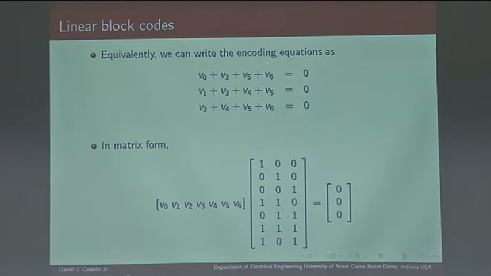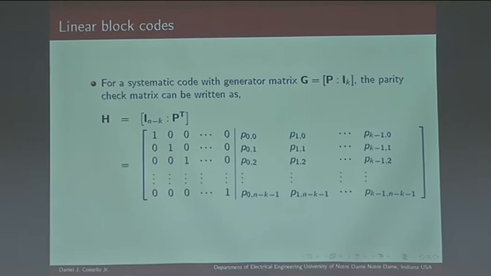You could write this in matrix form as a 7-bit code word times this matrix, where the first column represents V0 plus V3 plus V5 plus V6 equals 0. That's this equation. The second column is V1 plus V3 plus V4 plus V5.